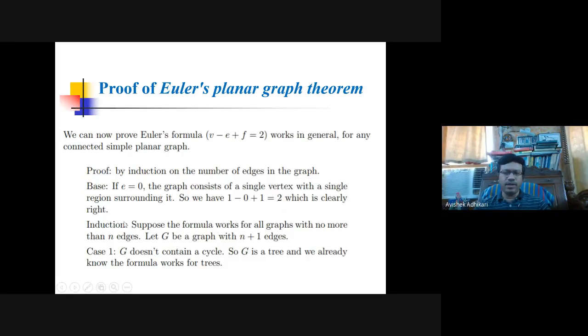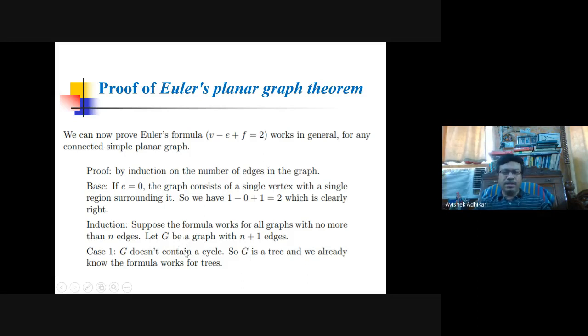So not vertices, this is edges. We are doing the induction on the number of edges. So we consider a graph G with n plus 1 edges, while the result is true for all graphs with n edges.